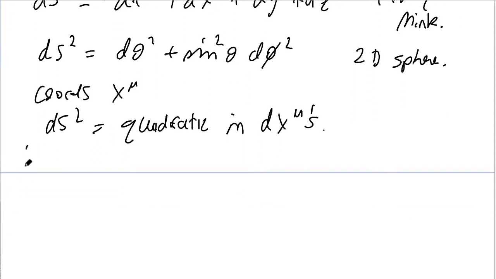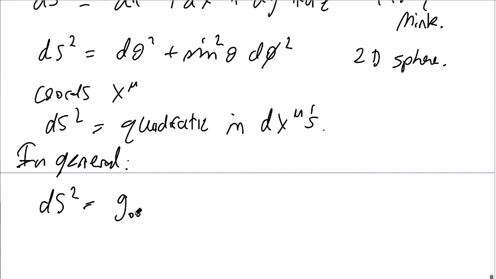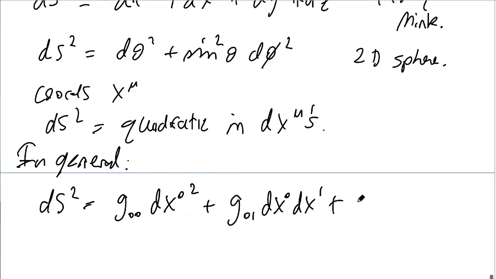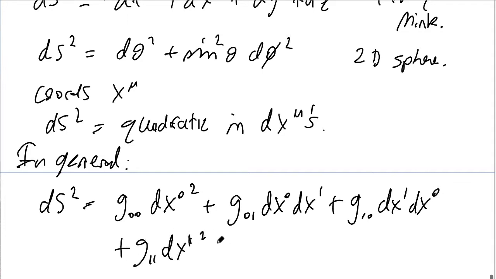So we can write the line element in general in the following form: ds squared equals some coefficient, let me call it g00, times dx0 squared, plus some coefficient g01 times dx0 dx1, plus some coefficient g10 times dx1 dx0, plus g11 dx1 squared, and so forth.